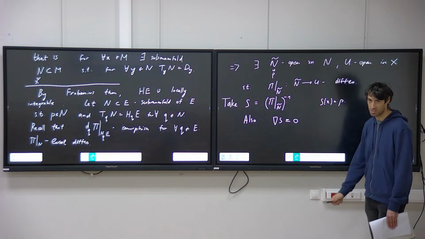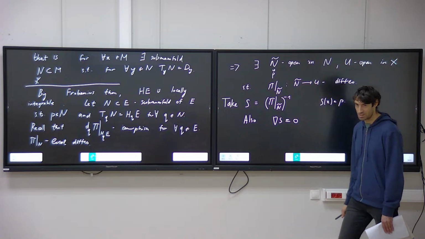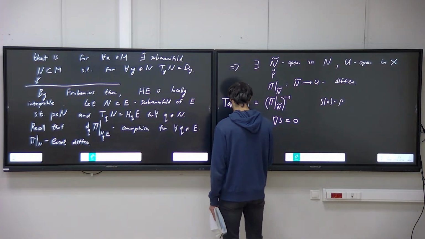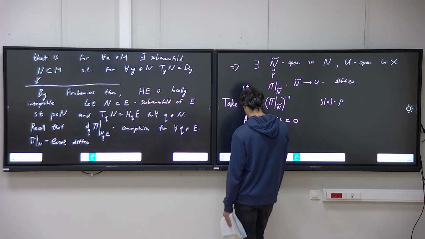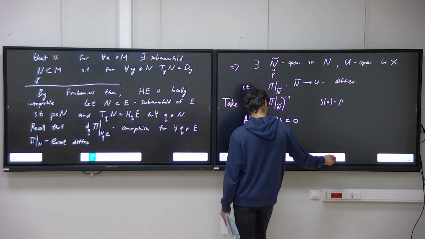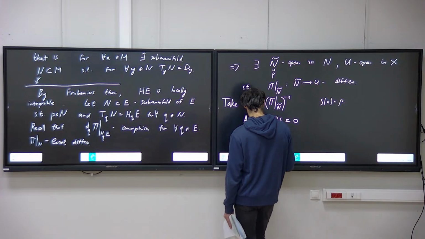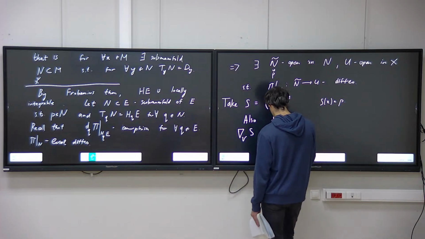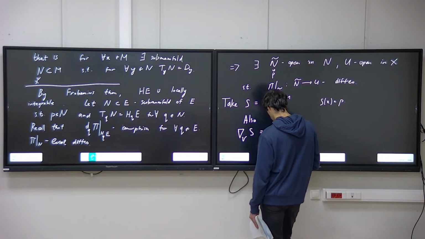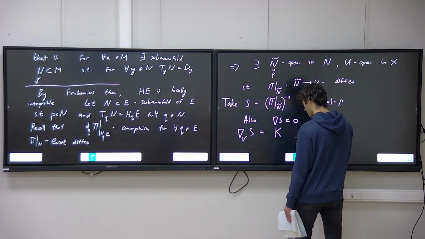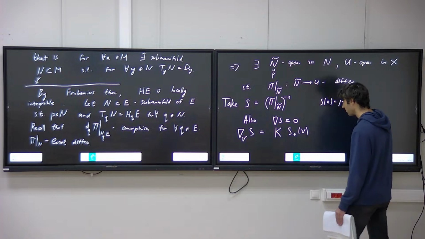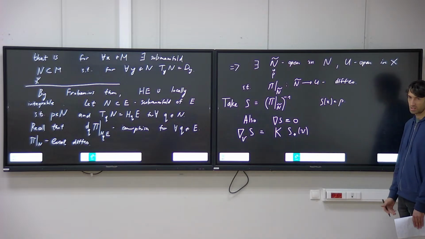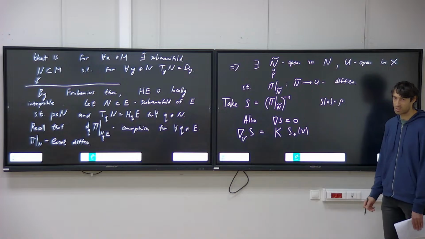This actually means this. Our definition was that nabla_V S was the vertical projection of the push forward of V. That was our definition of nabla_V of S.